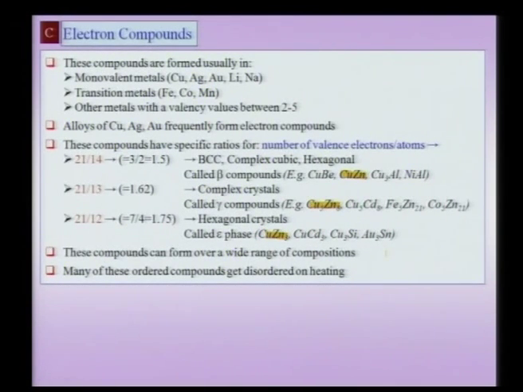Now, the more frequent ones which form electron compounds, as alloying elements, are copper, silver and gold. Okay. Now, the important characteristic of these electron compounds is the E/A ratio. That means all the compounds which form are stabilized by a certain E/A ratio.